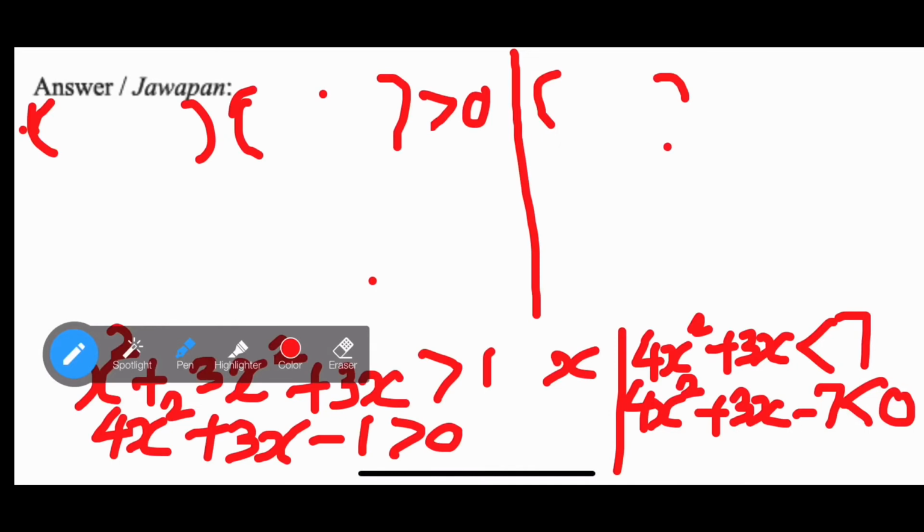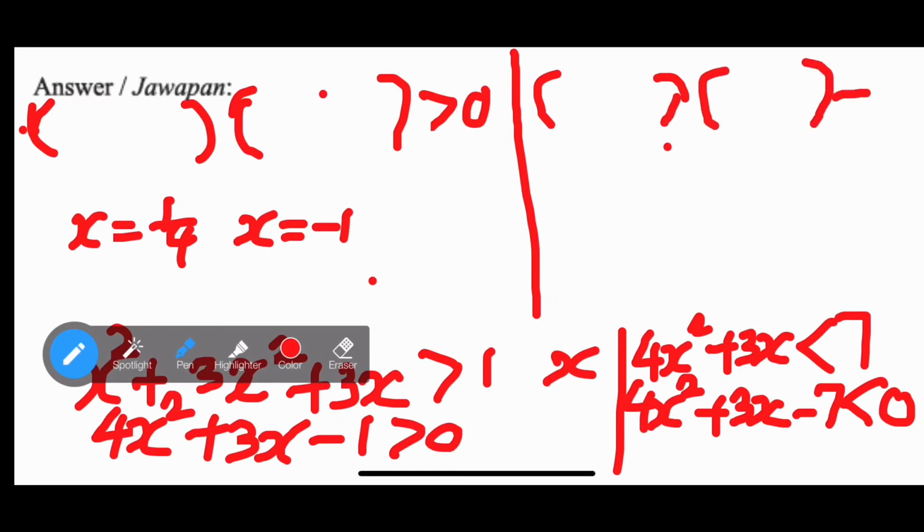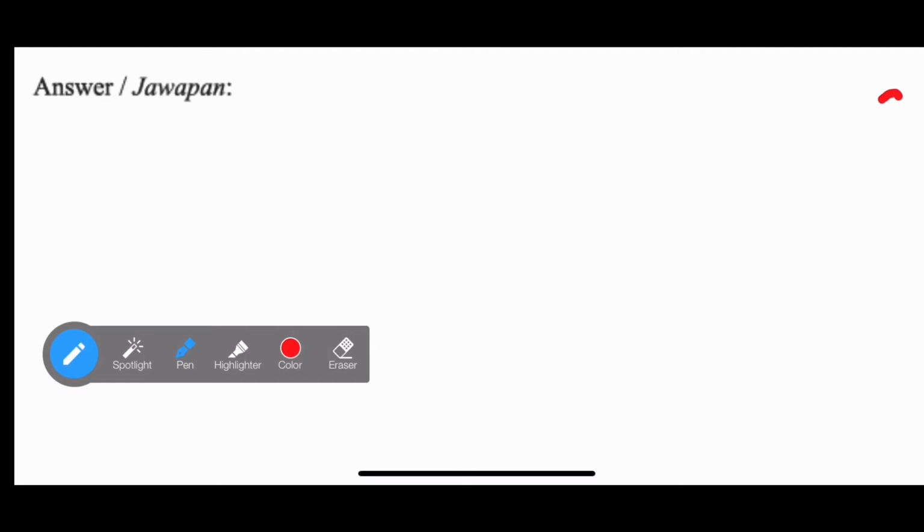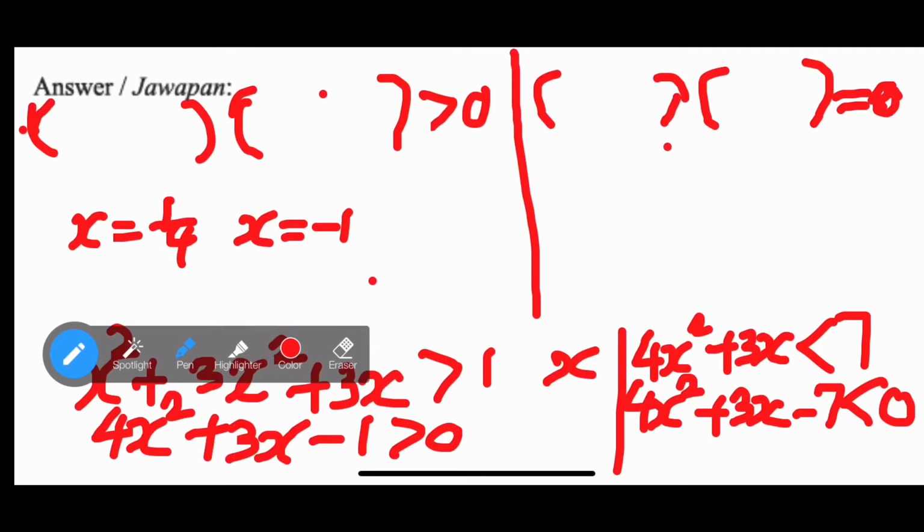After you get the roots, you have to write properly in terms of the factors. So we have 1 over 4 and negative 1. When you want to put into the brackets to form the factor, you must make sure you have the right factor.